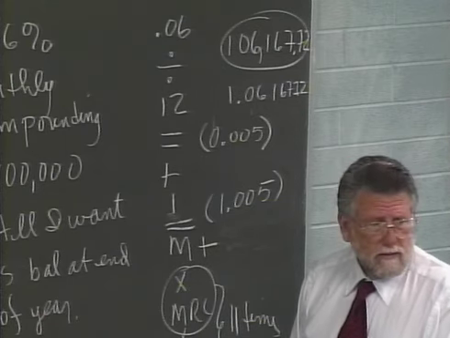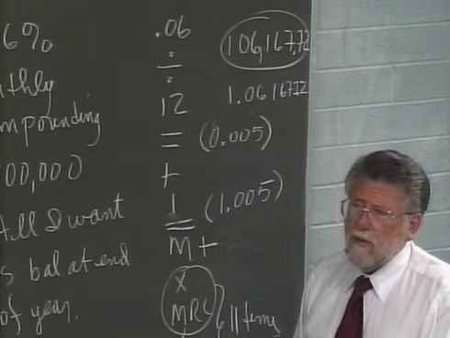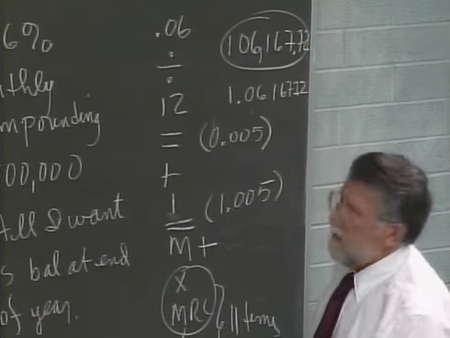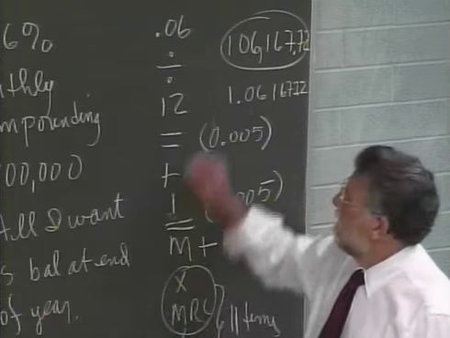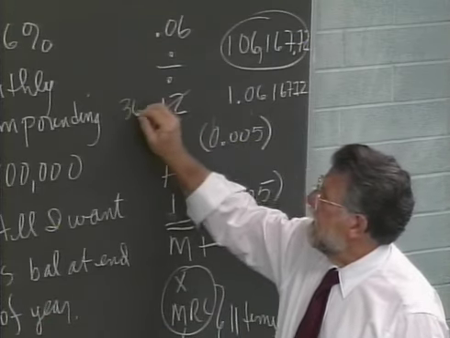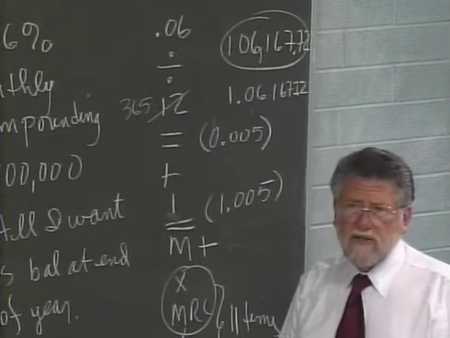Now question, what happens if I wanted to do it daily? What would be the differences? If I wanted to do this every day, this would be instead of 12, 365. The rest stays the same.